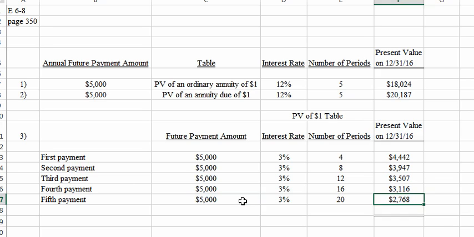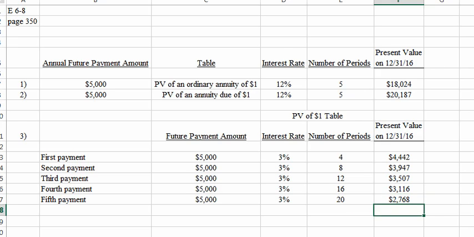All right, so that 5,000 received 5 years from 12/31/16 is only worth $2,768 in today's dollars, assuming interest is compounded quarterly and interest per quarter is 3%. I hope you understand where the 3% came from. If it's 12% for a year, divide that by 4, it's 3% for a quarter.